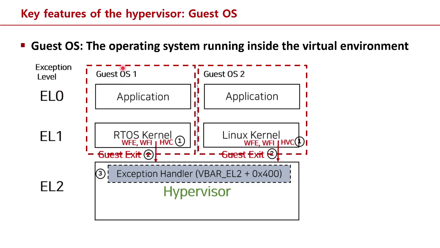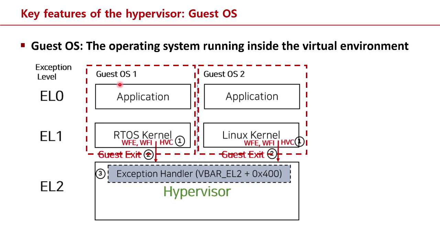Like guest OS 1, guest OS 2 is running in an isolated virtual address space. Allowing the guest OS to run in an isolated area is one of the most important environments for hypervisor architecture.